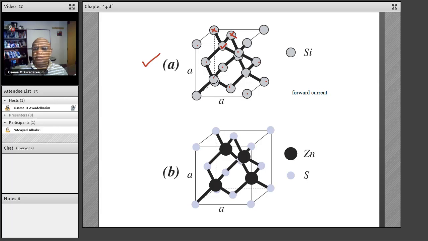So these are the nearest atoms to this one here. Sorry, I marked the wrong one, this one here. Okay, so these 4 crossed atoms are the nearest to this marked atom.